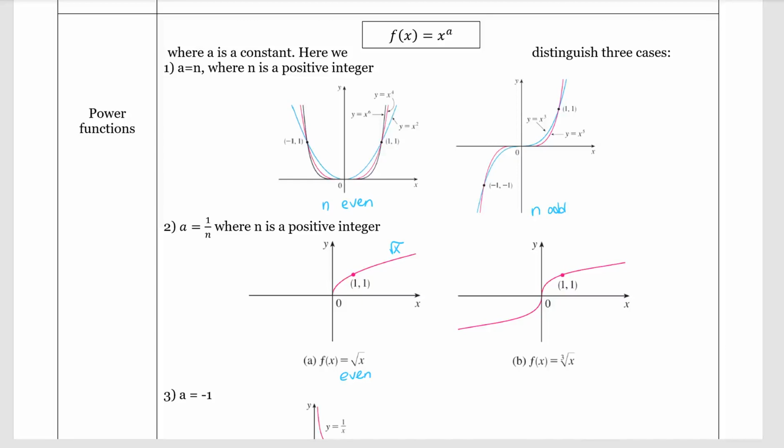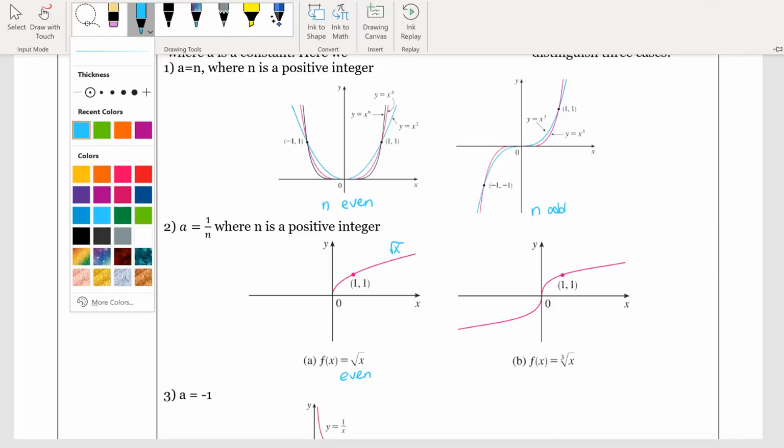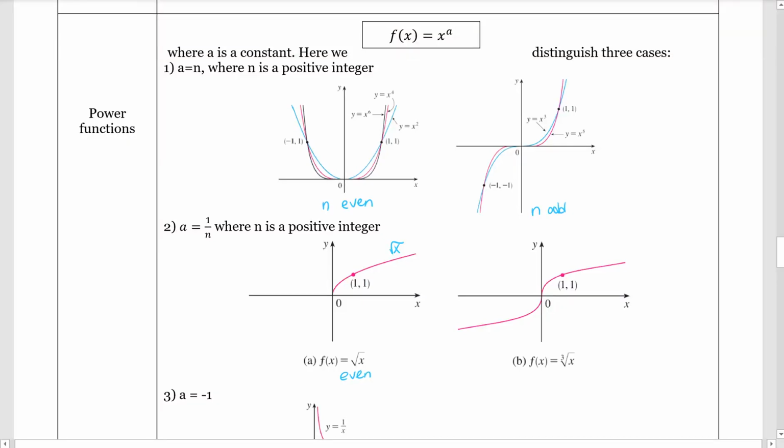Furthermore, if you remember inverse functions, x squared and the square root of x are inverse functions. They are mirror images about the line y equals x.